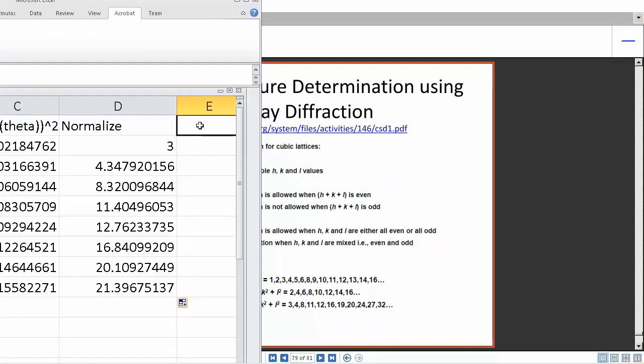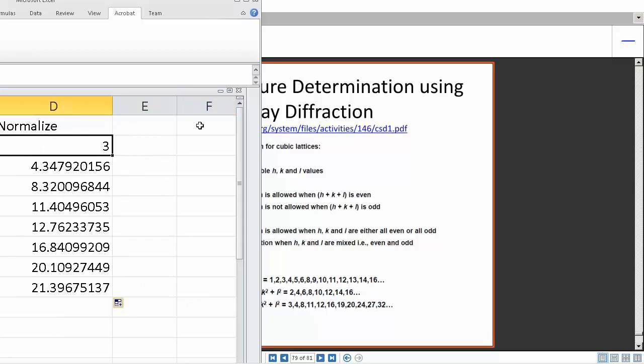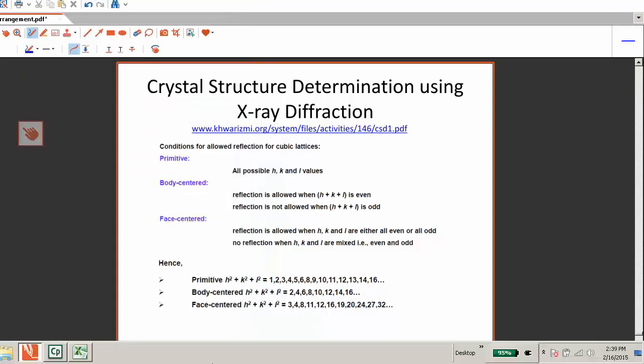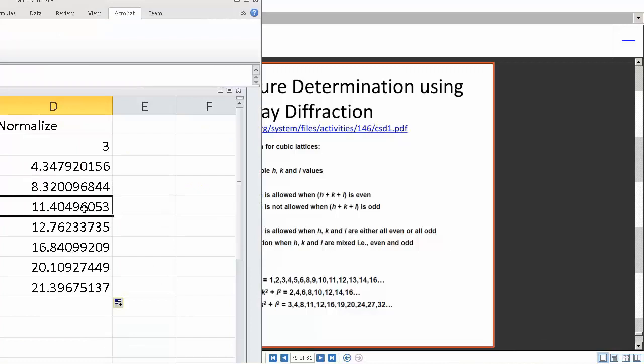So if this is the FCC sequence, we get a 3, then a 4, then an 8, that's believable. There we go. 11, yep, believable. It's supposed to be a 12, it's a little bit on the large side.